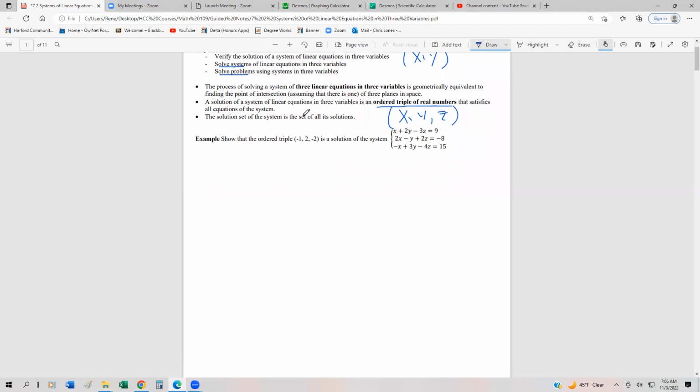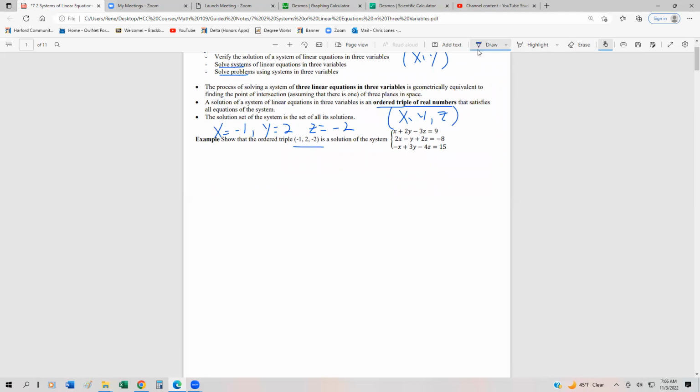Let's do a really basic example and show that -1, 2, -2 is a solution to this system. That means x is -1, y is 2, and z is -2 in this ordered triple, in the form x, y, z in that order.